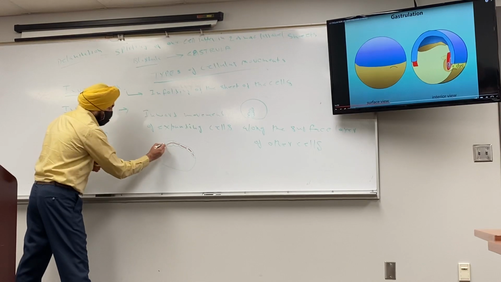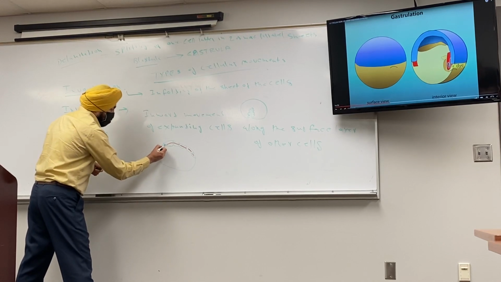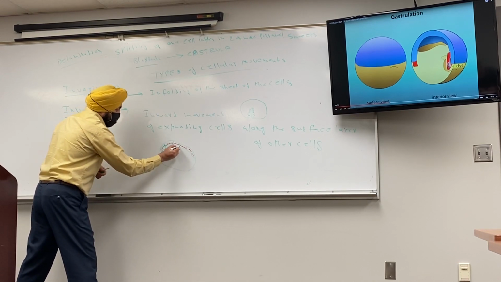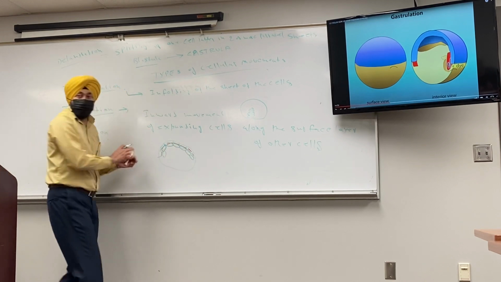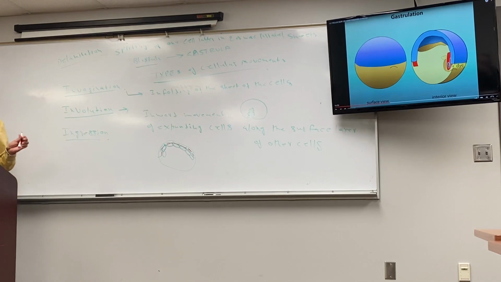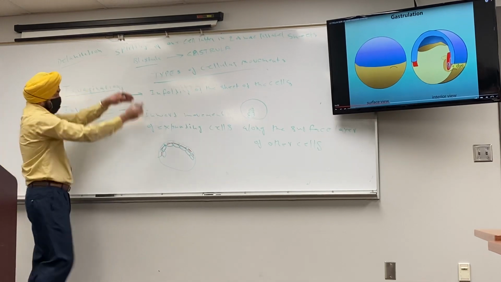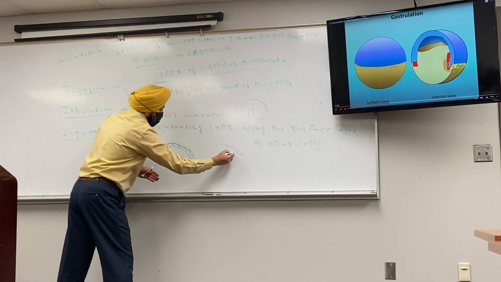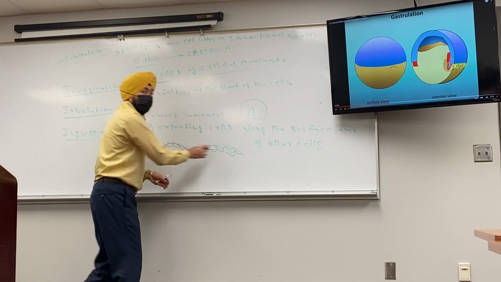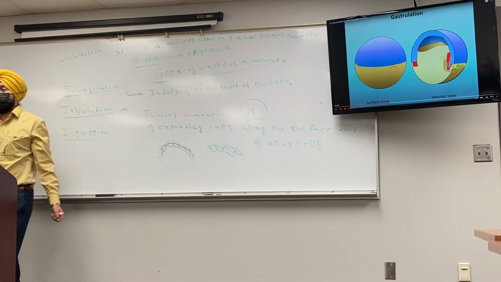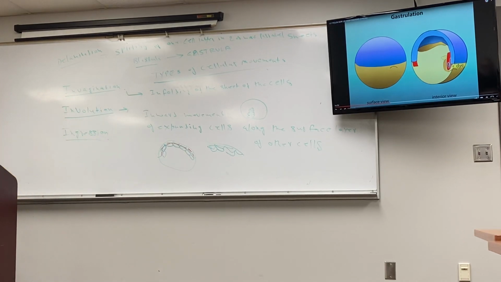Initially you had one cell layer, now you have a two cell layer right there. Making sense? So that is what is happening. Splitting. Initially it was one cell layer. That one cell layer split and made two cell layers. Making sense here? So that is called delamination.